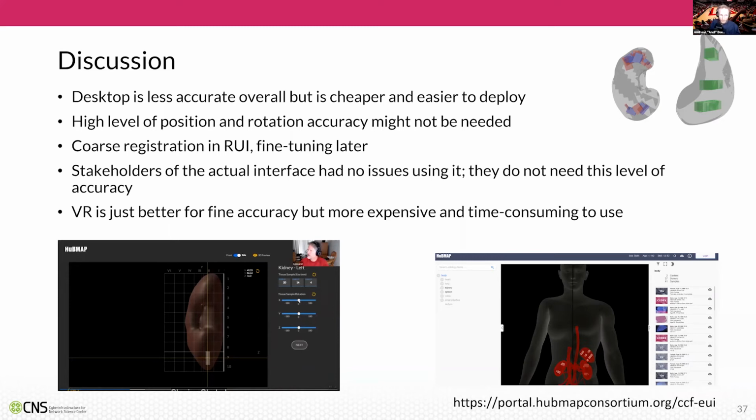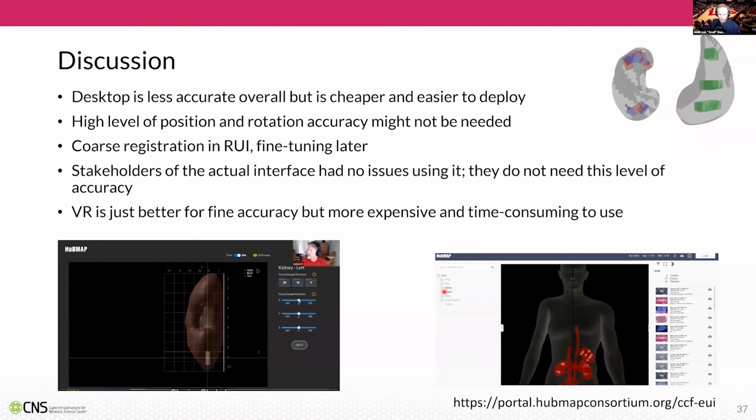So VR is better for fine accuracy, but of course it is also way more expensive and time consuming to use. And it is simply not as common yet. You cannot expect a lab to have a VR setup or even have the expertise to use one, which of course has been an issue with VR setups for a long time.